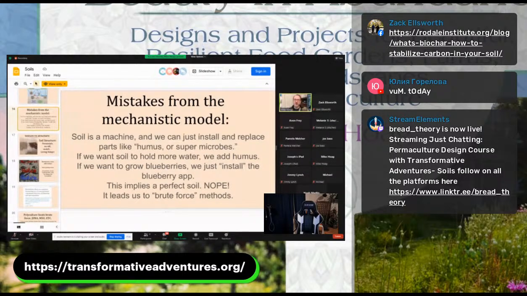These days we know that's really not true at all. What we need is not perfect soil. What we need is the right soil in the right places to grow the plants that we want, and the right plants together to make the right soil for the plants to grow. And we're really thinking completely about systems. And it leads us to brute force methods. We'll talk about that in a second.